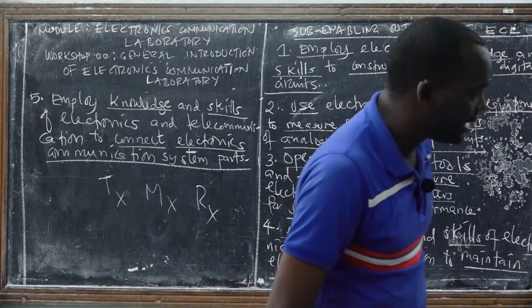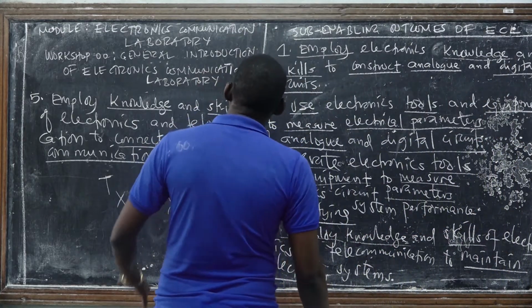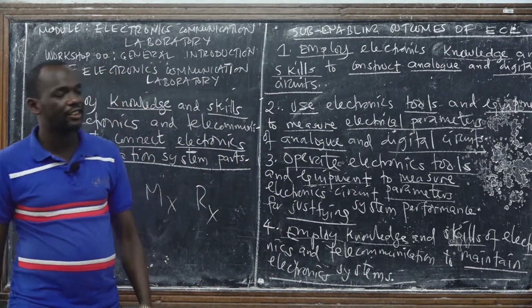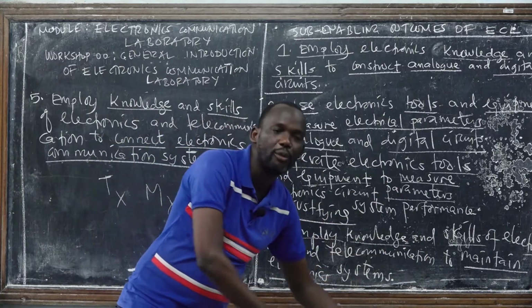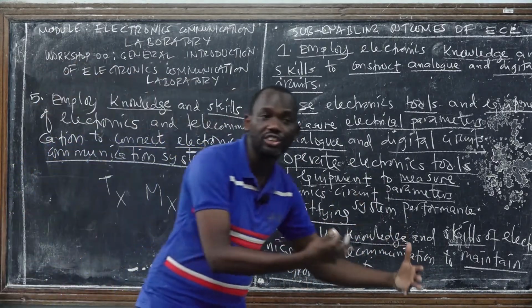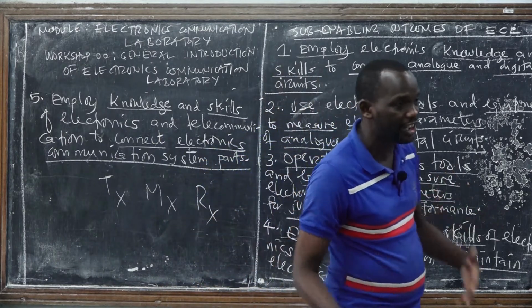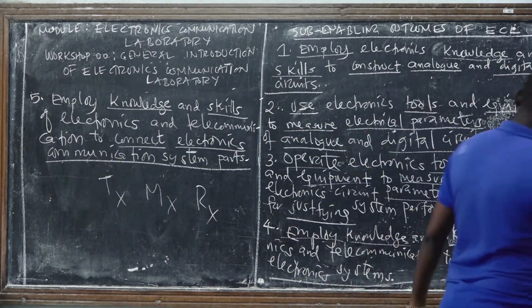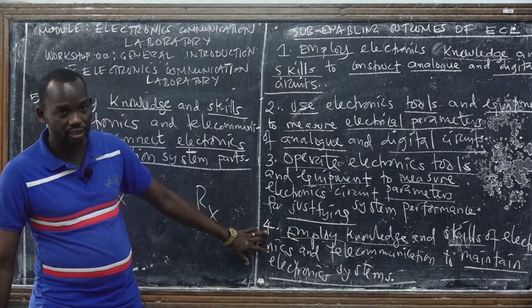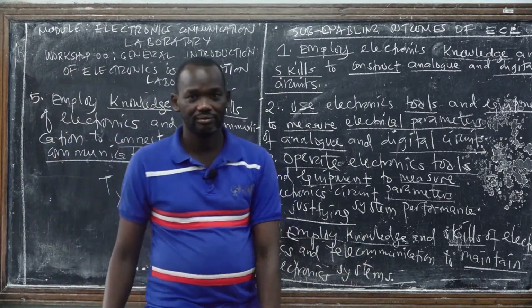If I've connected them and I find that the transmitter is transmitting the information and the receiver is not receiving what has been sent by the transmitter, then I have to come to this sub-enabling outcome number 4 to maintain the system.